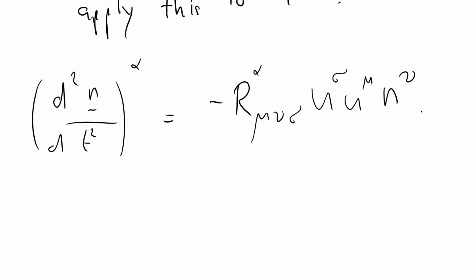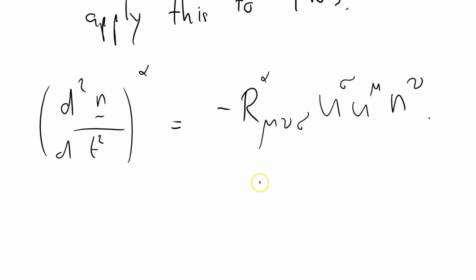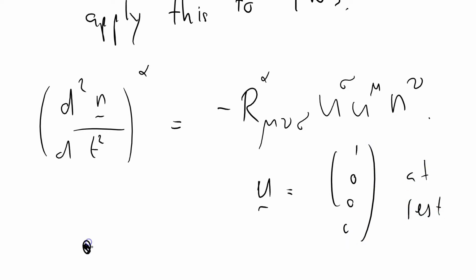Isn't that beautiful? Now I'm also going to choose the 4-velocity u. I'm just going to choose 1, 0, 0, so at rest. So we've got our particle here, and we've got another particle at separation n, and it's going to be at rest because the spatial 4-velocity is 0.